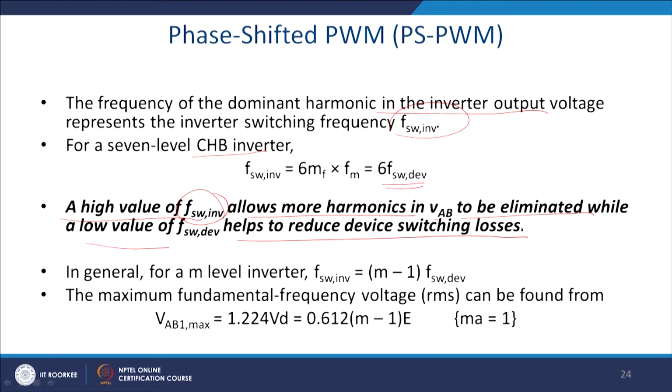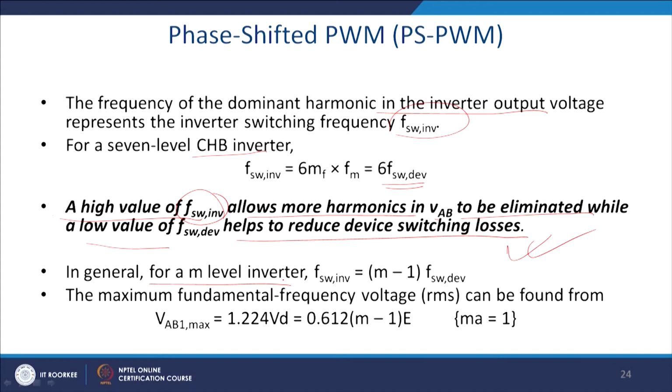So, once you are switching at less frequency, your switching losses are less, but your voltage has a higher spectrum, 6 times more. So, what essentially we require is a lower filter size, and this is one of the greatest merits of this cascade H bridge multilevel inverter fitted with the phase shifted PWM.